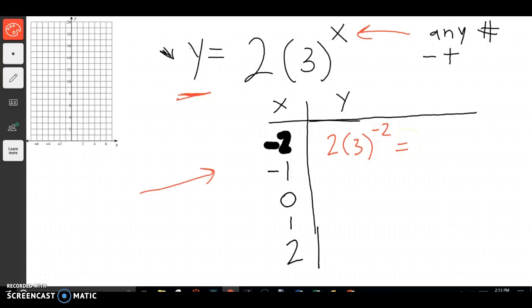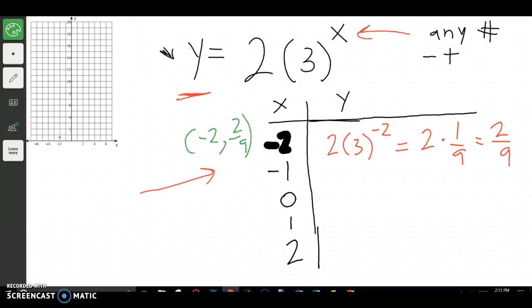If we remember from before, 3 to the -2nd power would be 1/9, so this would give us 2 times 1/9, or 2/9. So this would be our first point, -2, 2/9. We'll go over to the graph and try to graph that, and that's not going to be very high up, so it's right about there.